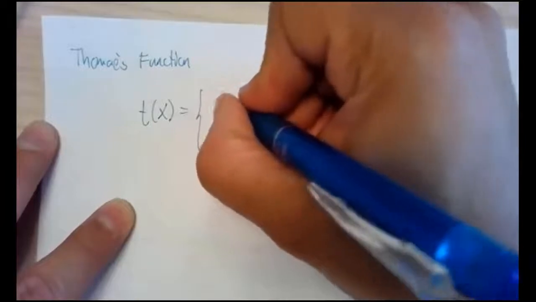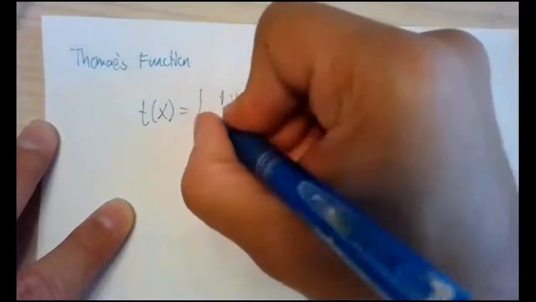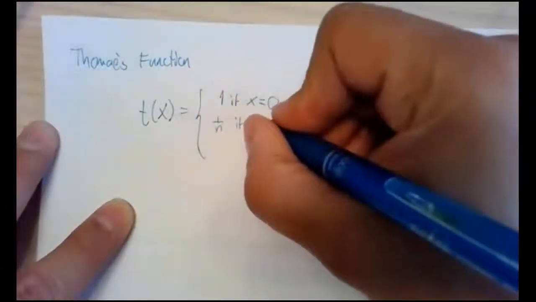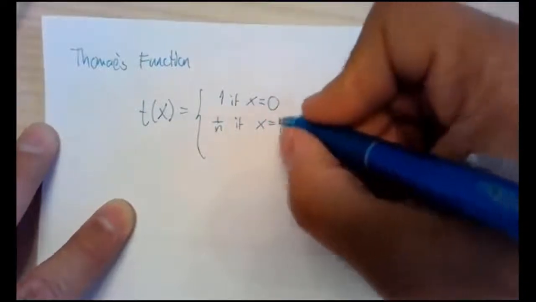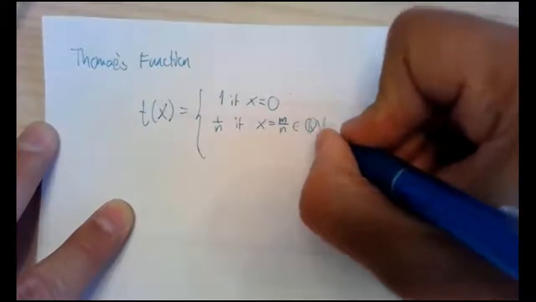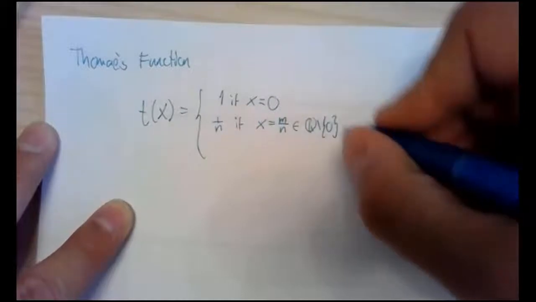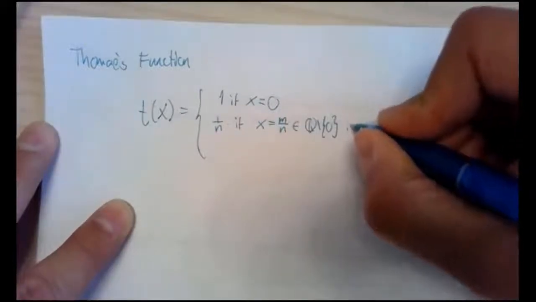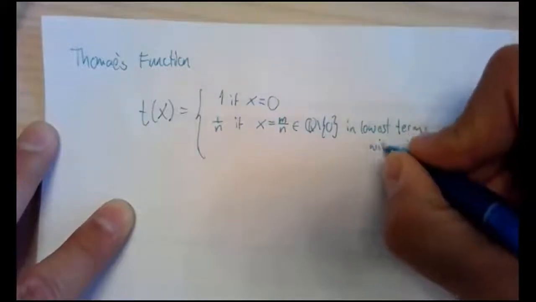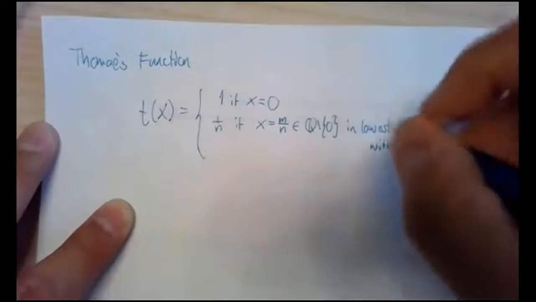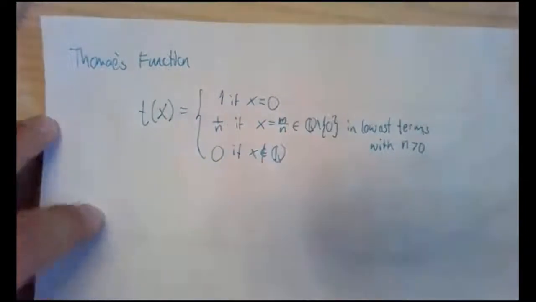It is 1 if x is 0. It is 1 over n if x is a rational number of the form m over n, a rational number that is not 0, and this is already in lowest terms with positive denominator. And otherwise it is 0 if we don't have a rational number.